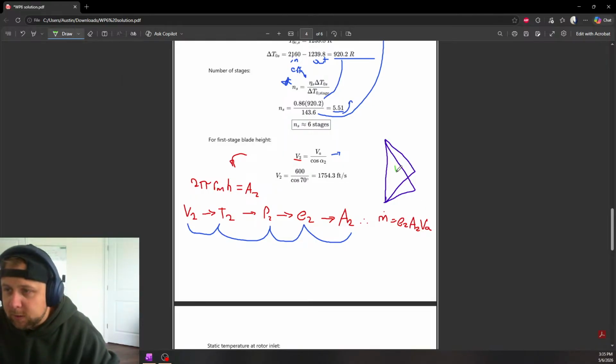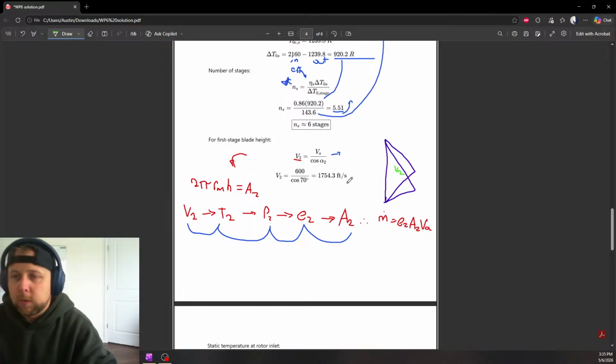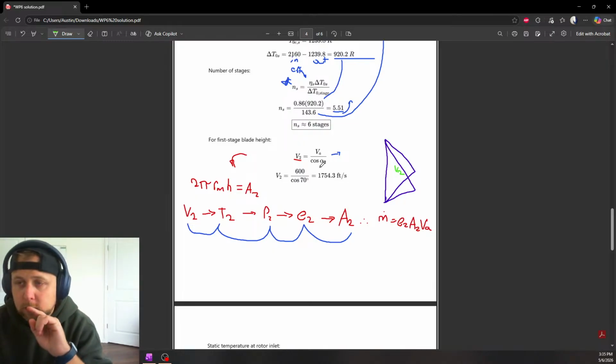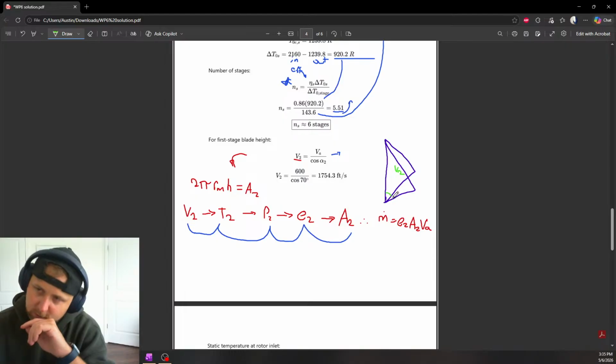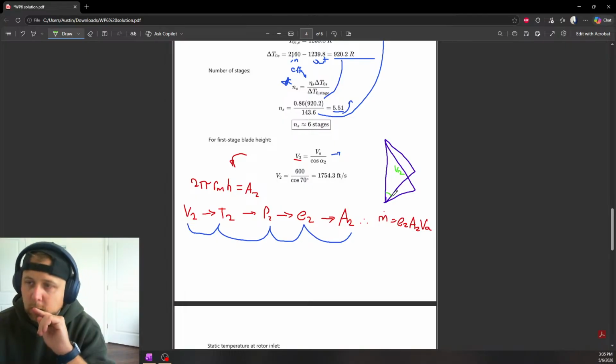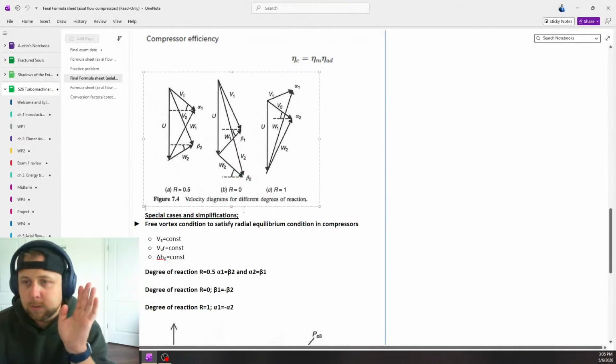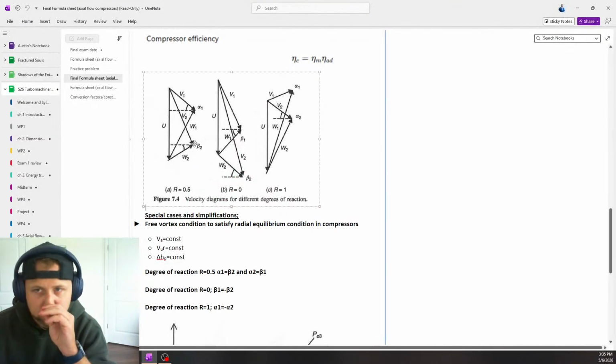So this one is V2, which is our W2, can't use that one.